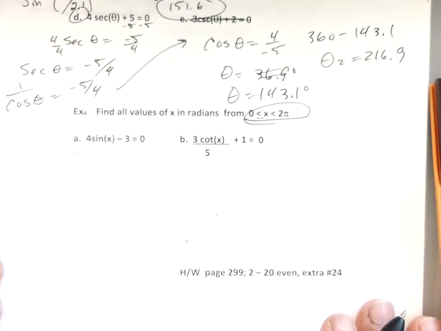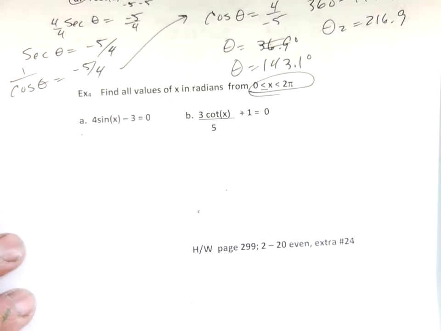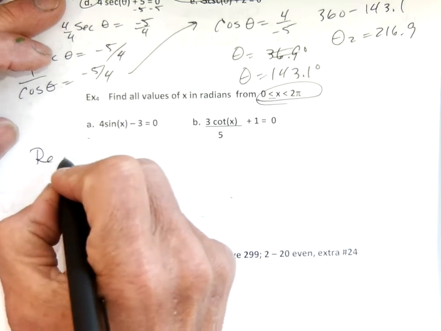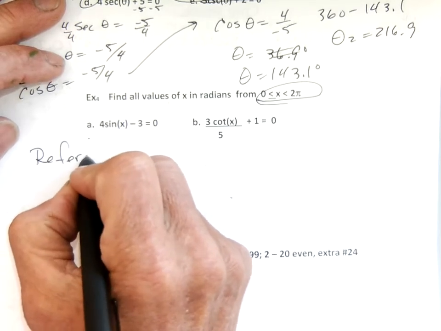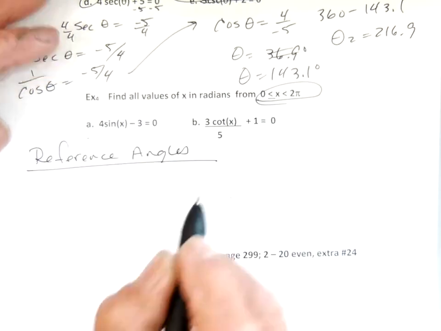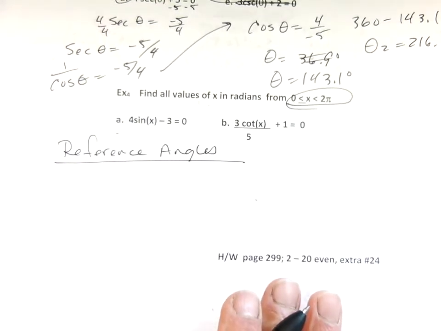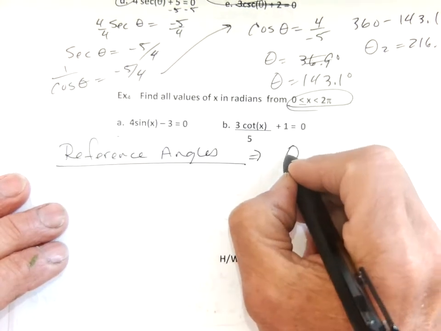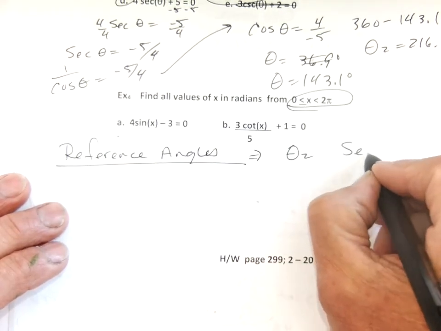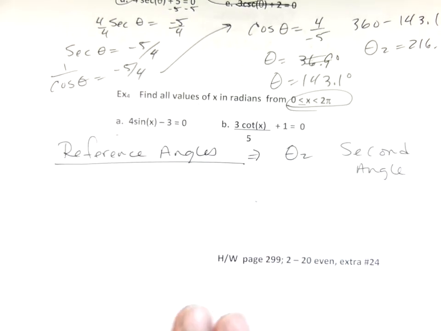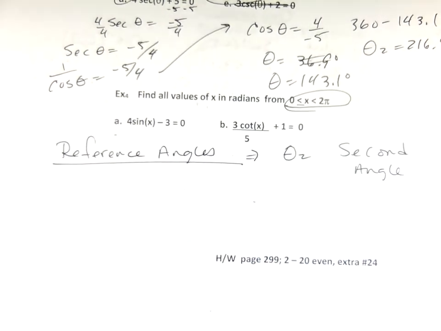Now I want to give you something that I think will help. Okay. I want to give you something that's going to help a lot. Reference angles. Write this down. The reference angle is the theta 2. It's the second angle, okay? This should help.